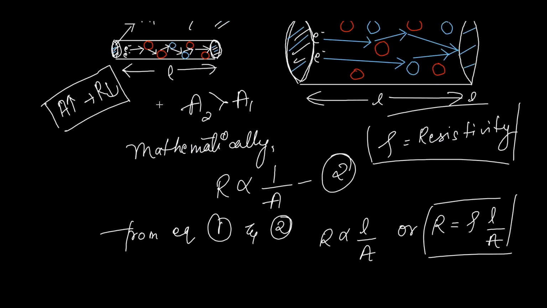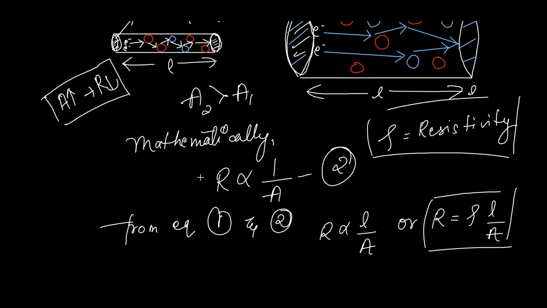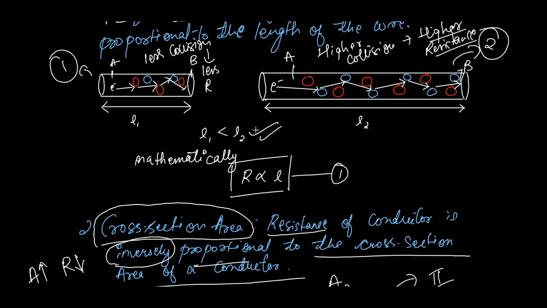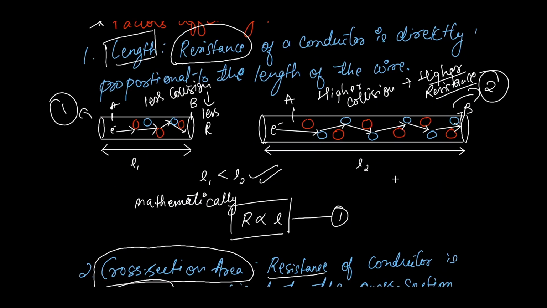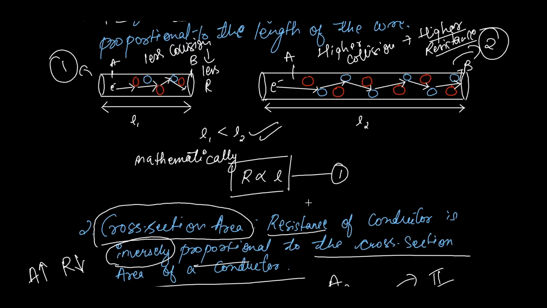Then mathematically we can write R is inversely proportional to the cross section area. Okay, so now we have two equations. The first, R is proportional to L, which means with the increase of length of the conductor, the resistance will increase.